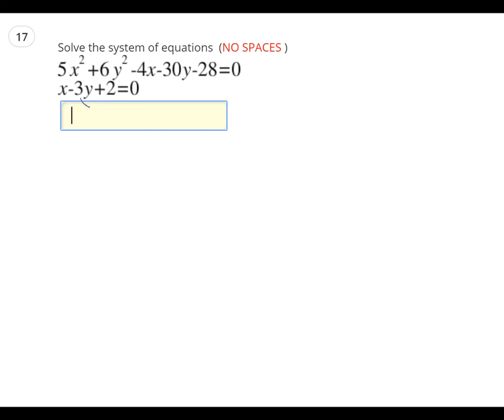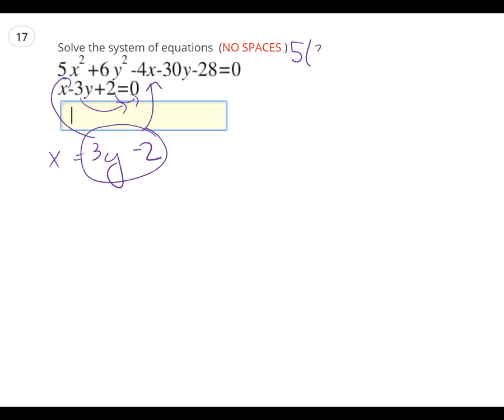I'm going to go ahead and solve for the x, so remove the y and the 2. So x equals 3y minus 2. Now, every time I see an x, I'm going to plug that in. So I'm going to do it up here and try to get it all squished in.